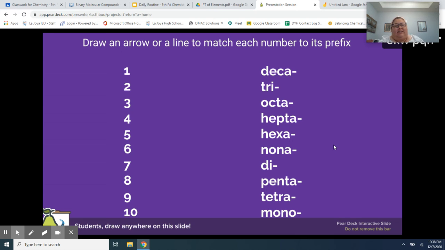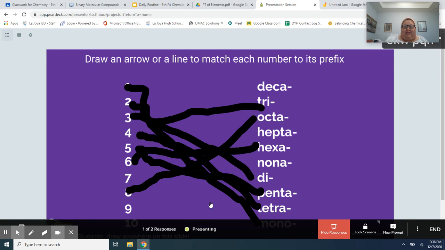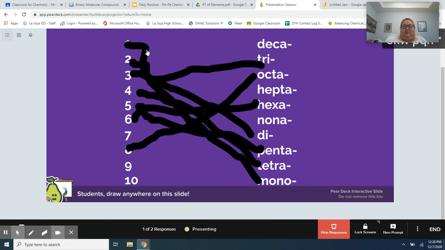I need only 9 and 10. 9 is nona. 10 deca. Very, very good. Let's see how they did. Excellent. I hope they matched these correctly. 1, mono. 2. If it had been different colors, it might be a little bit easier, but for now, that's good.